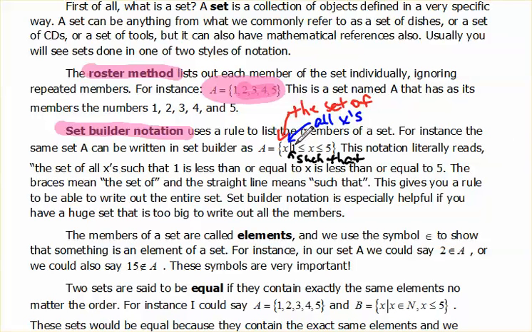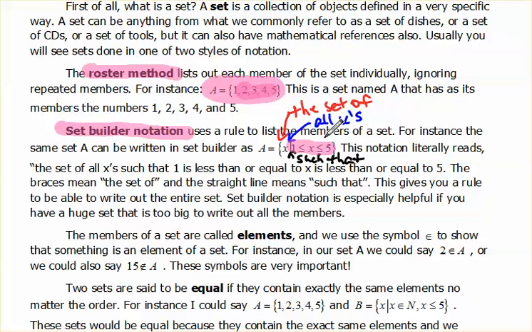And your rule here is that 1 is less than or equal to x is less than or equal to 5. So it's really important that you understand. It's kind of like mathematical shorthand for the way to write it. So the braces are the set of, then the variable means all x's, the straight line means such that, and then you have your rule.